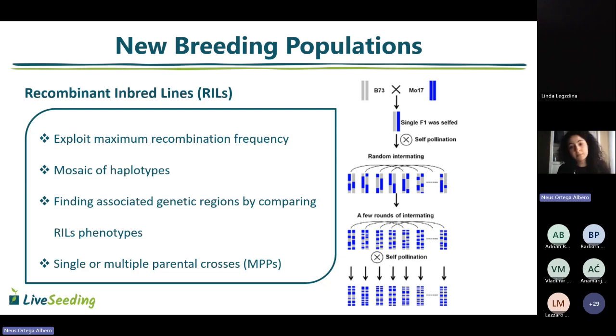So these RILs can come from a single intercross, or as we talked about in the previous module, they can be coming from multiple parental crosses, which would be called a multi-parent population, and I'll explain it later.